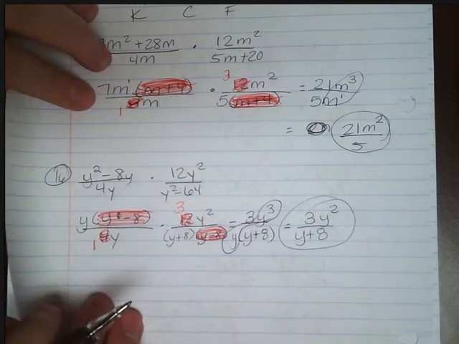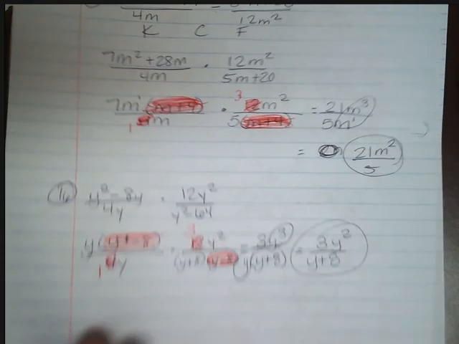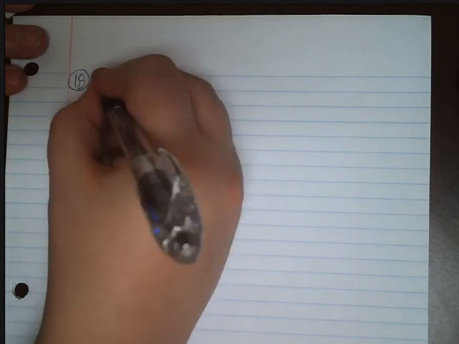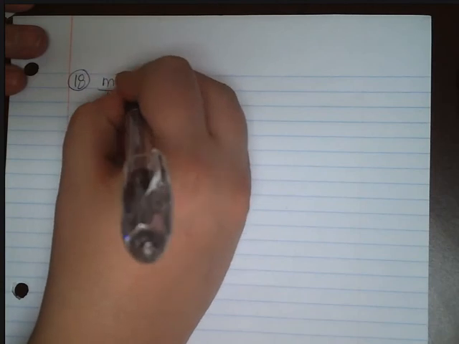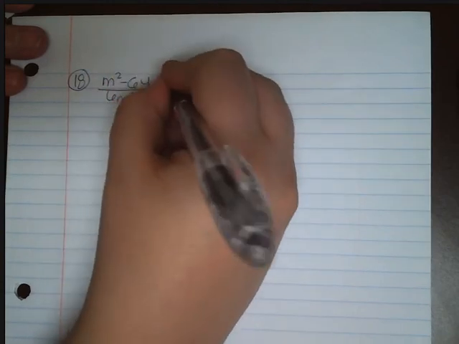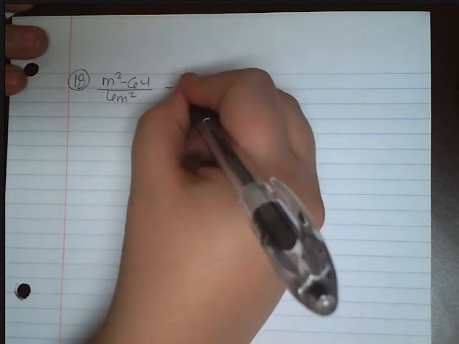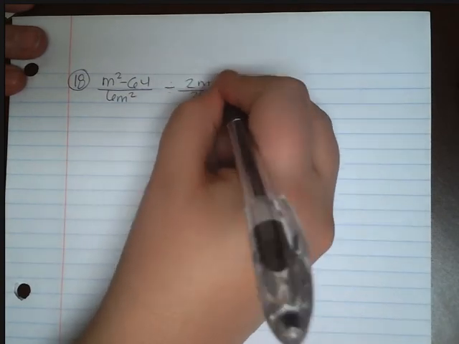Okay, so problem number 18. On problem number 18, we have m squared minus 64 divided by 6m squared divided by 2m minus 16 divided by 24m to the fifth.